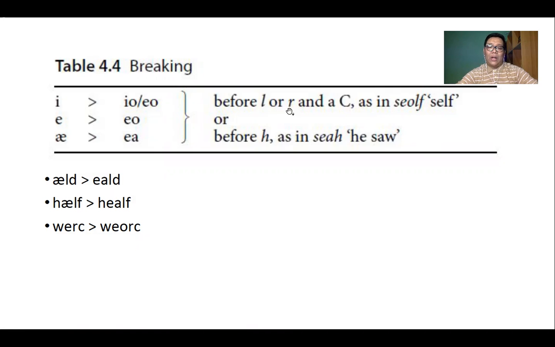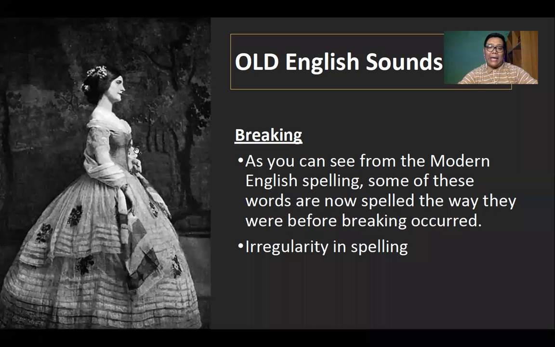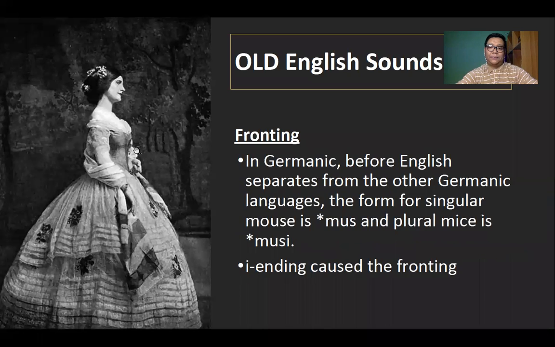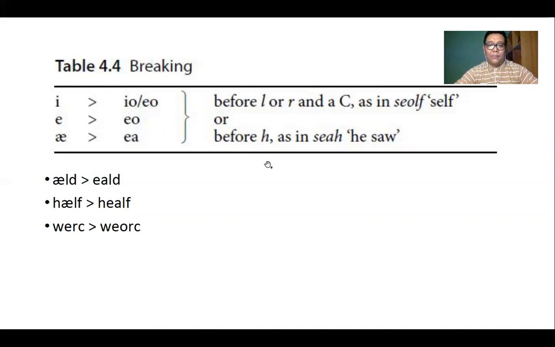So before L or R and a C, such as in the word self, before it was pronounced as self. Okay? And then we have this one, E, EO, such as in the word Eor, and then A, Iya. This one, before H, as in the word Seya, for he saw. Okay, same goes with these examples presented here.